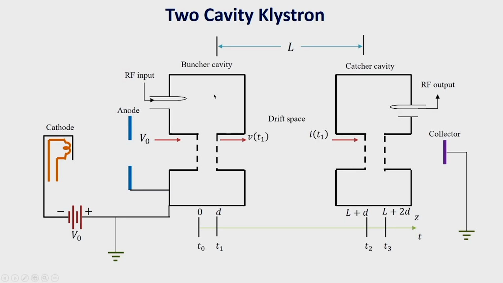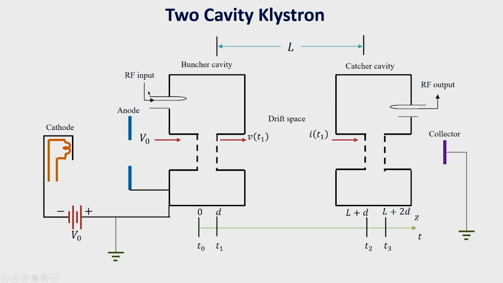Separated from the buncher cavity by a distance L is the catcher cavity, and these bunched electrons while passing through this catcher cavity will deliver energy, and the oscillations in the catcher cavity will build up, and finally the RF output is taken out from this cavity.